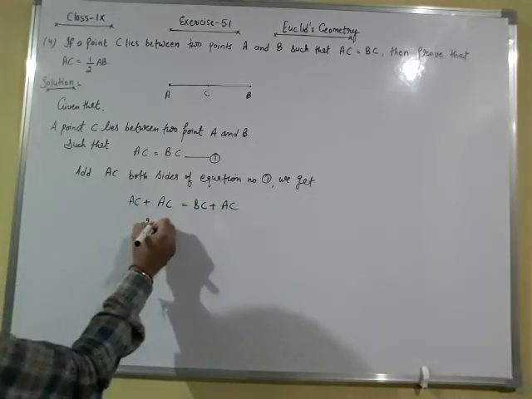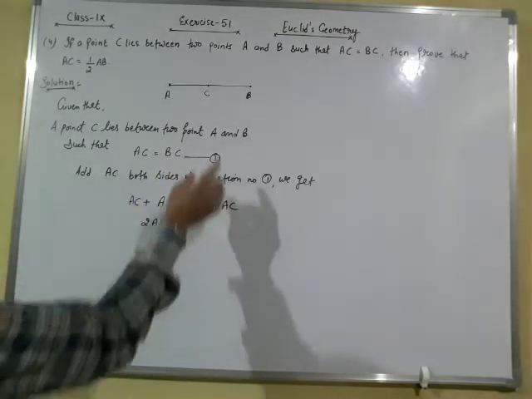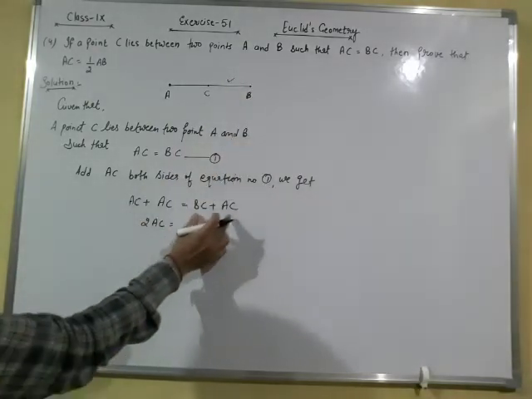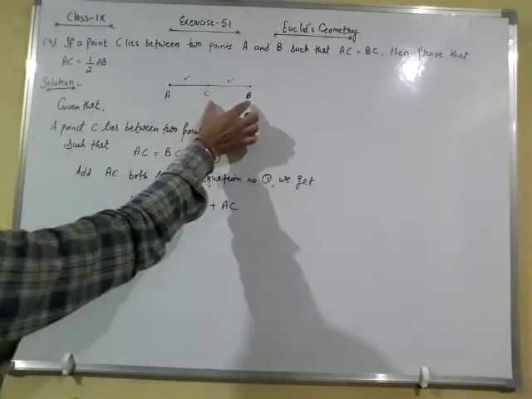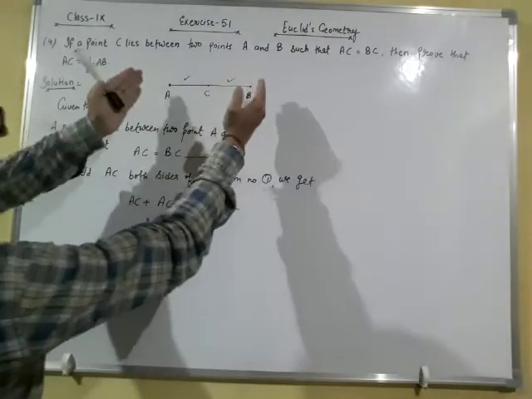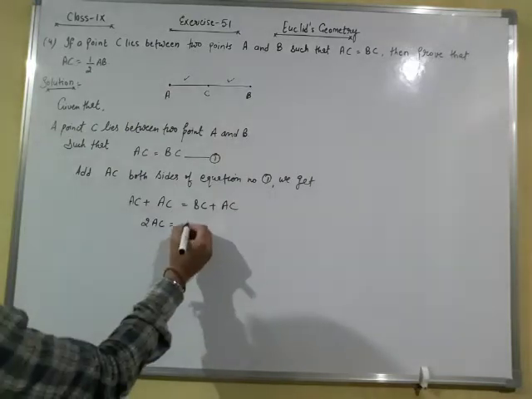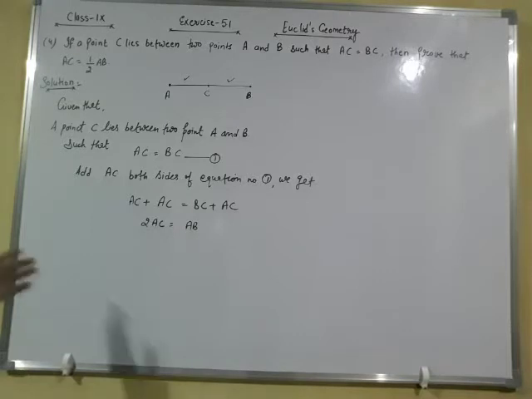AC and AC will be 2AC, and BC plus AC, look at the diagram. BC is the right hand side part and AC is the left hand side part. When we join BC and AC, we will get the entire line segment AB. So it will be equal to AB. Okay. Now divide both sides by 2.